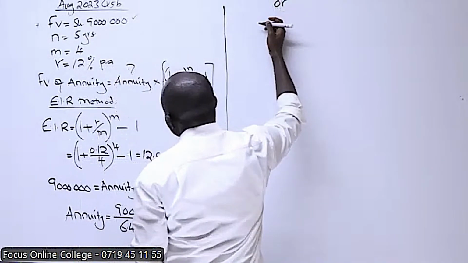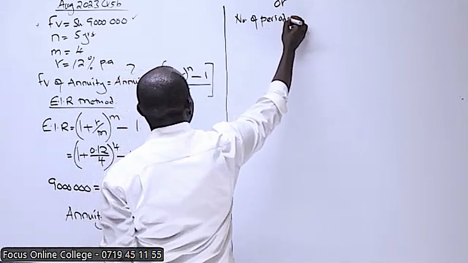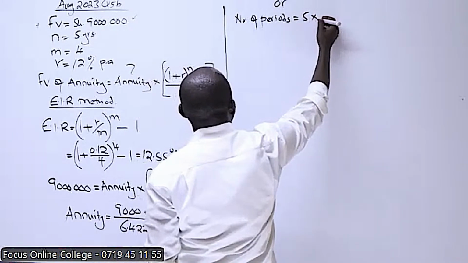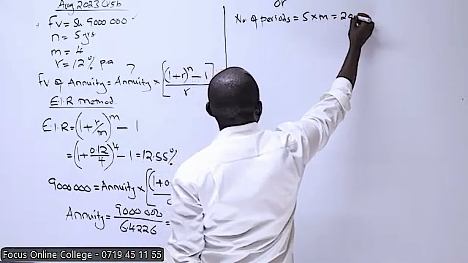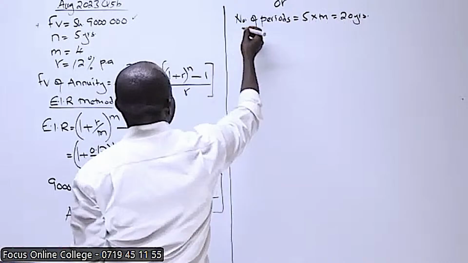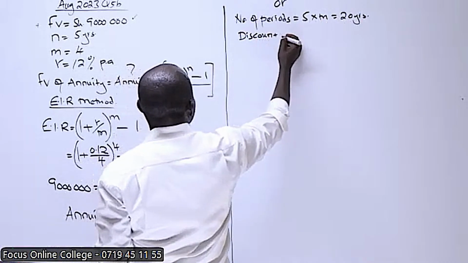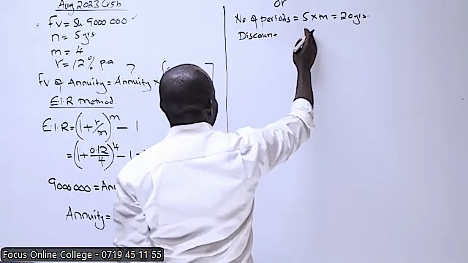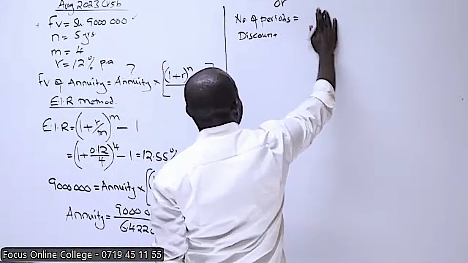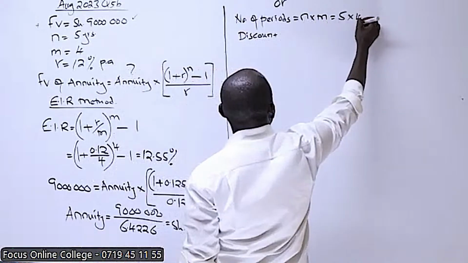Say number of periods will be 5 times M, 20 years. We will get 20 there. Then discount rate. This one should be N times M, which is 5 times 4.